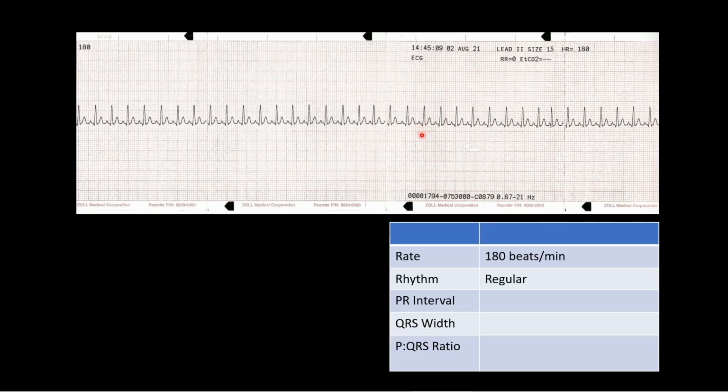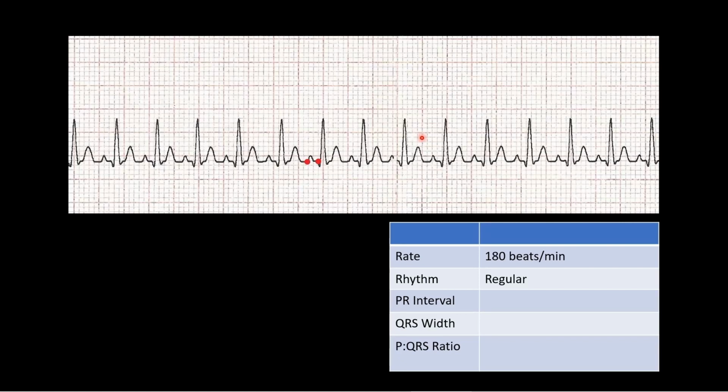Well, as we zoom in on it and look at it now, we see a PR interval between here and here appears to be about 2, maybe 2.5 boxes. I give it about a 0.10. Now let's look at the QRS width. It appears to be relatively narrow. It's between the two green dots there, about 2 boxes worth. So we'd say 0.08, which is less than the 0.12.